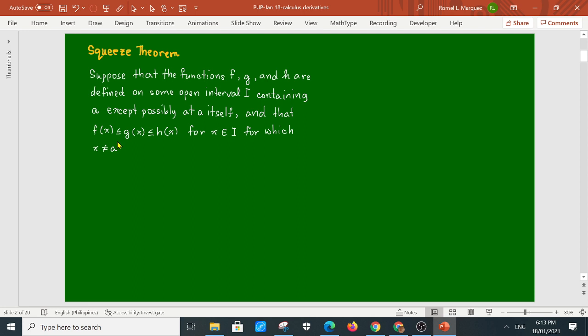Meaning, x is not necessarily equal to a.